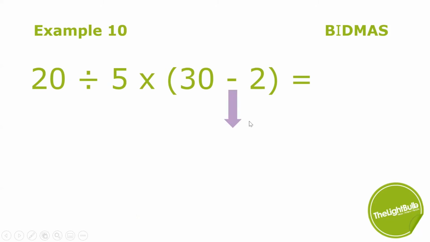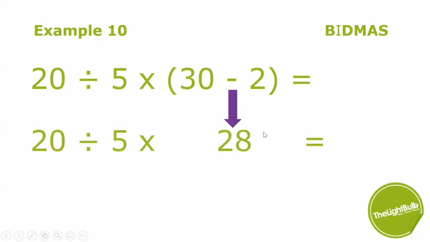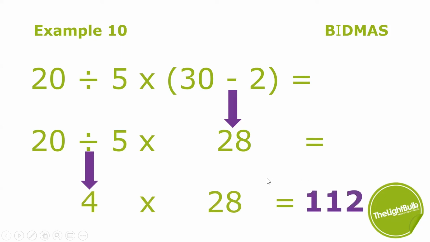So 30 minus 2 gives us 28. We can rewrite the sum with a new bit of information on the next line. We've now got two operations to choose between. These are divide and multiply. Divide comes first, according to BIDMAS. So 20 divided by 5 is 4. And then we have 4 times 28 gives us 112.